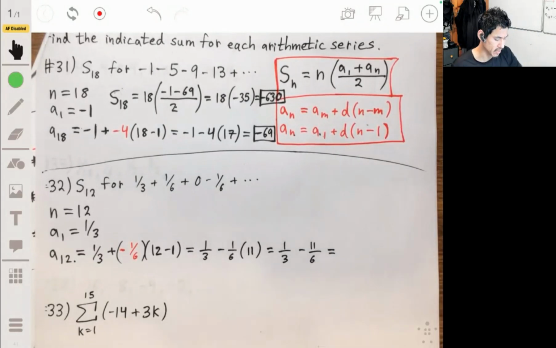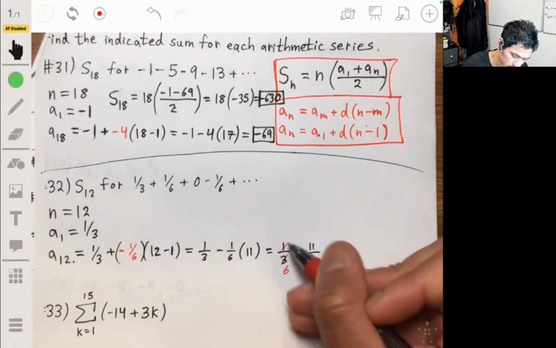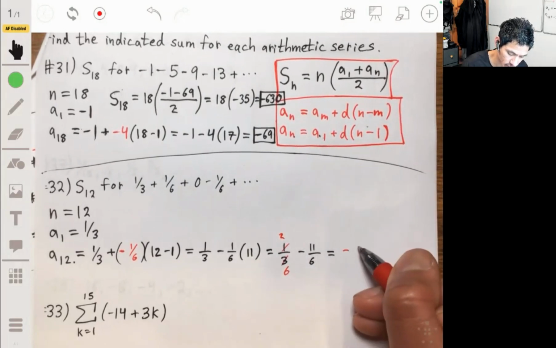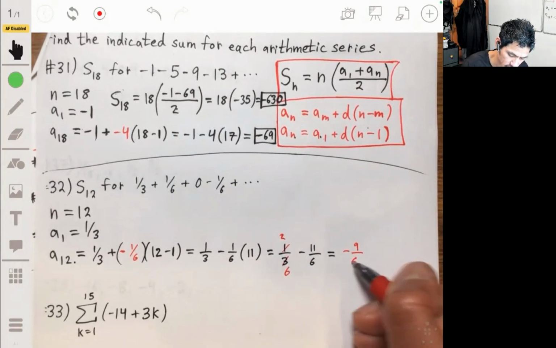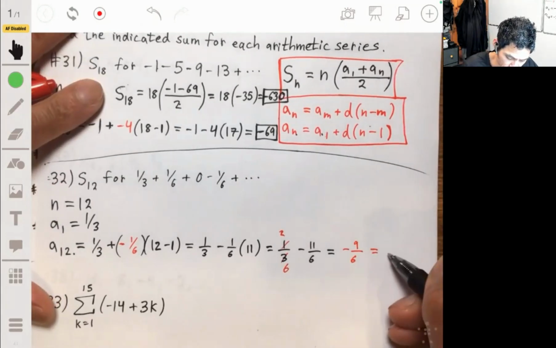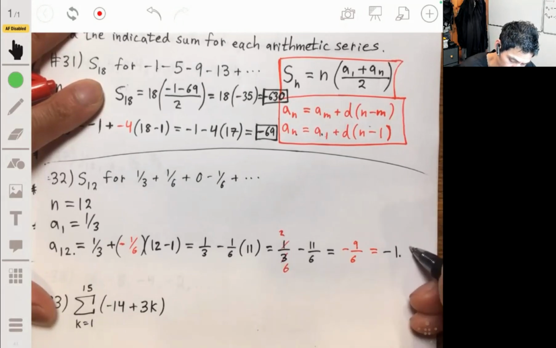So 2/6 minus 11/6 will be -9/6, which will be the same as -1.5.